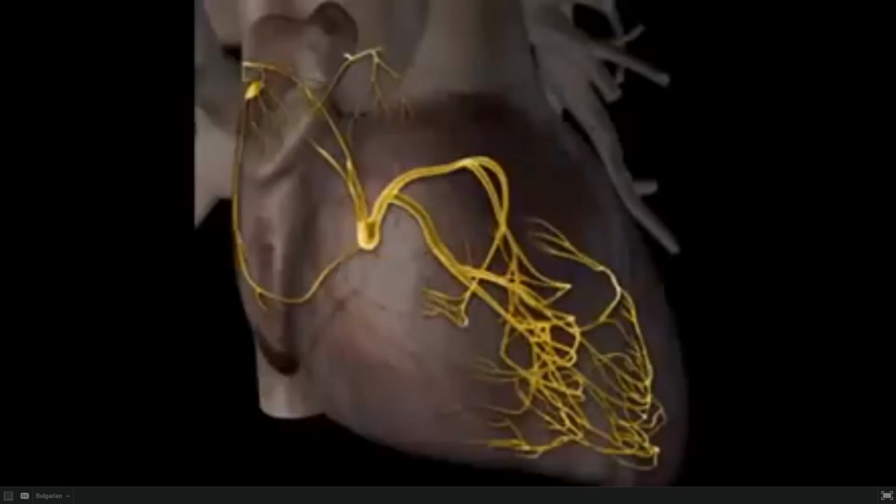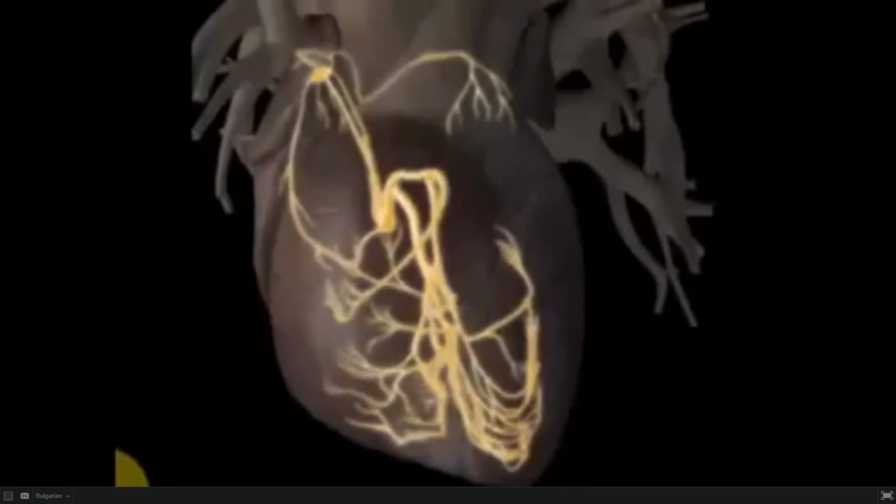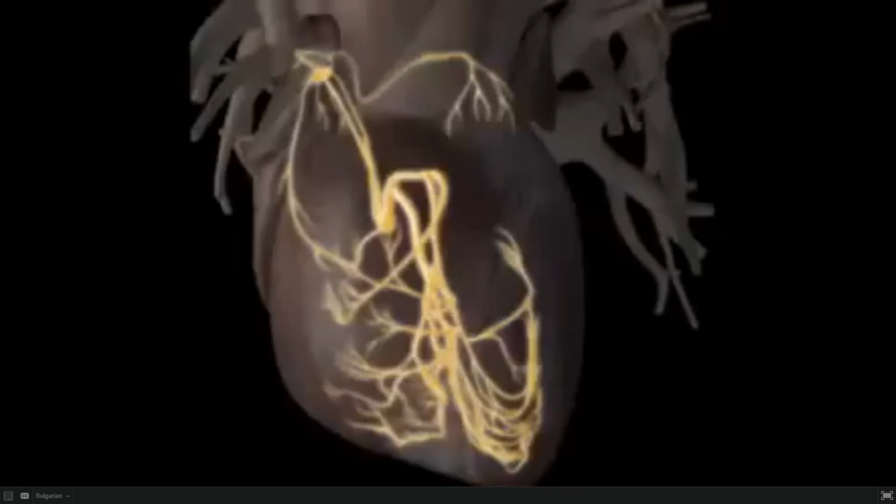From there, the impulse goes through the atrium, then through the wall between the 2 atriums, and then goes to the next node, called the atrioventricular node. When you generate the impulse inside the sinus node, it is more frequent.